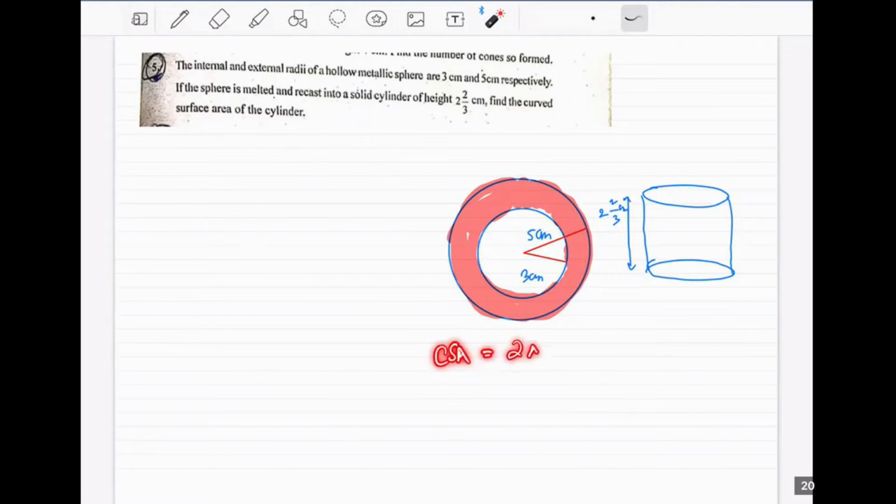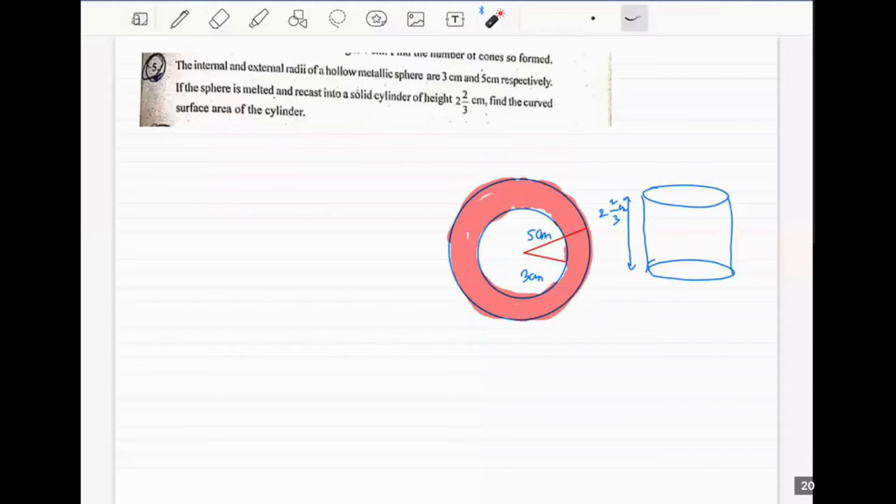What's the formula? 2 pi r h, with 2 into 22 by 7. What about r? Radius, we don't know. Height is 2 whole 2 by 3. The part we don't know, we have to calculate, otherwise we will not be able to get the answer.